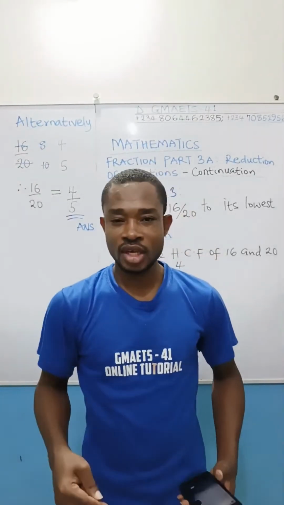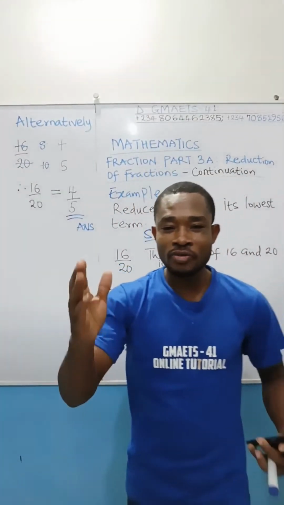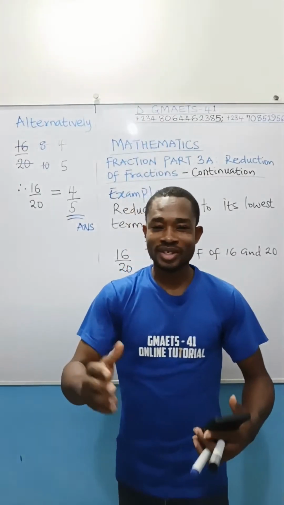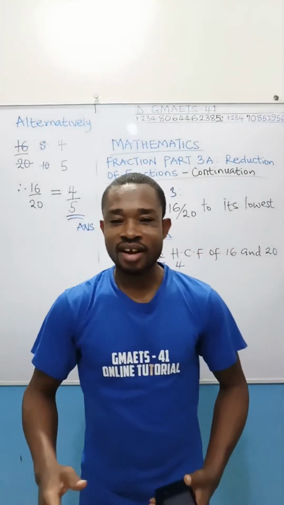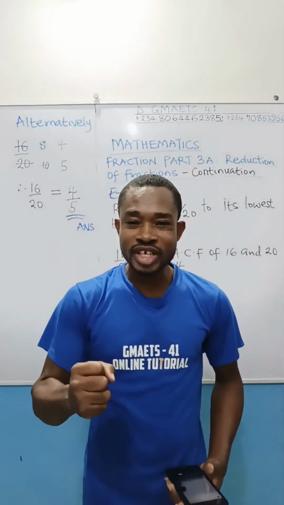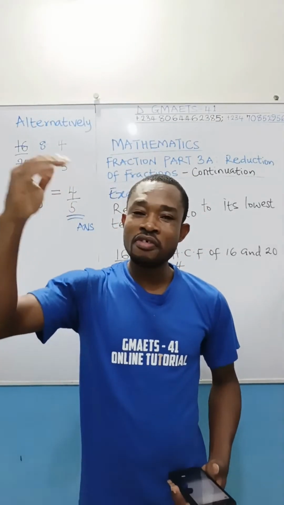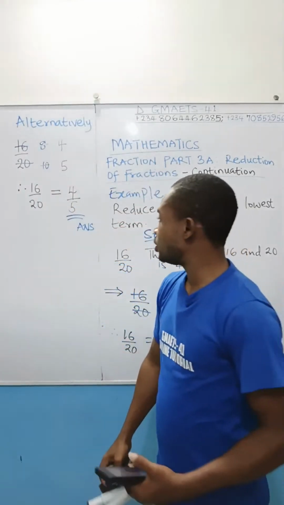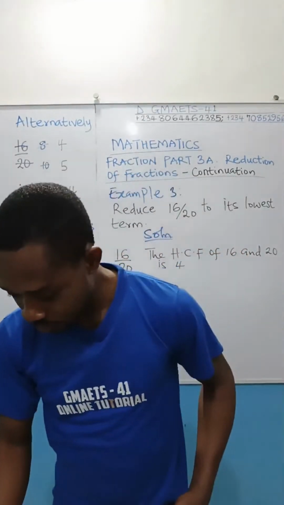Be tough. That is the spirit. And you friends, you can do it, even if you're in basic class. Remember, this is the foundation of your learning. You build a tough foundation so that when you move higher, you won't have any challenge. Example 3.